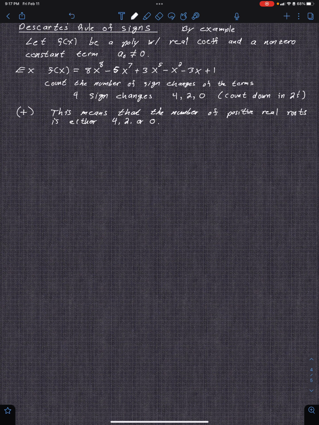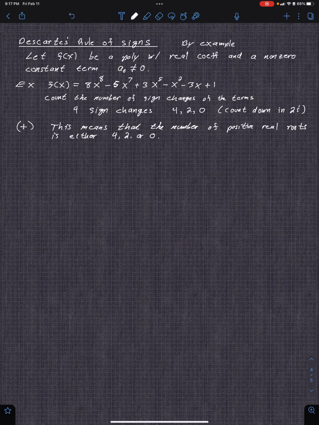That's the concept, that's what it will tell you. So that's the positive case. Now the negative case. What you do is evaluate f of negative x, equal to 8 times negative x to the 8th.